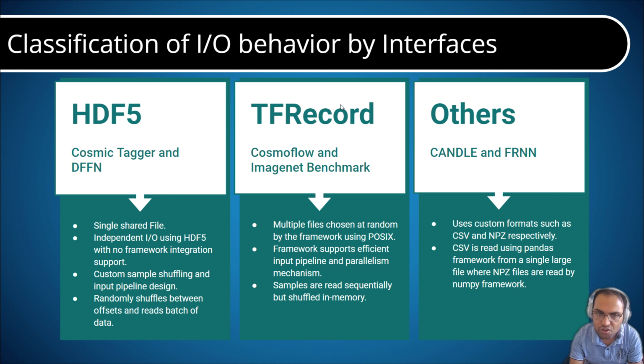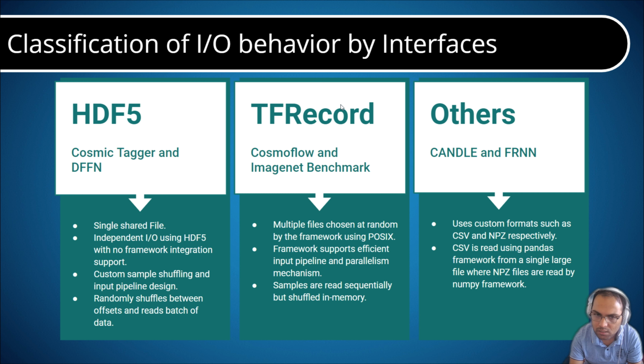We see in general for the HDF5 workflows, they use a large single file with the POSIX VFD in HDF5. There is no framework integration within TensorFlow or any other DL frameworks for these data formats. This forces the application developers to manually perform sample shuffling and input pipeline design for their application. This leads to serialization of I/O and compute phases as seen in these applications, without any possibility of overlap or parallelism.